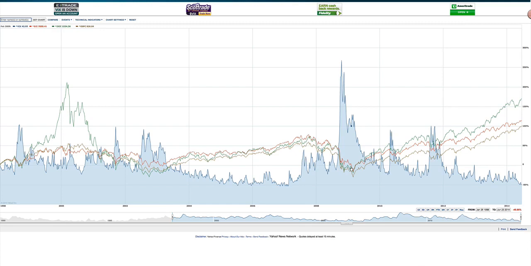The other thing that I want to point out here on this chart is that anytime you see the VIX diverge away from the market indexes, you can see here the market indexes are having nice gains through the 2000s, from about 2003 all the way up until 2008.